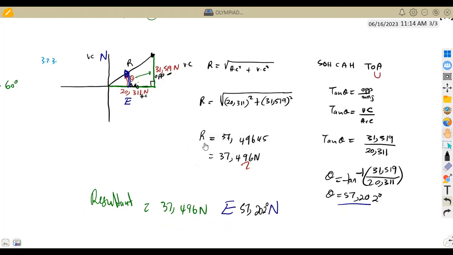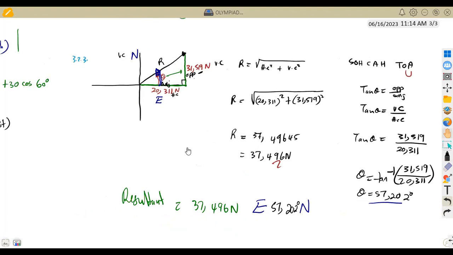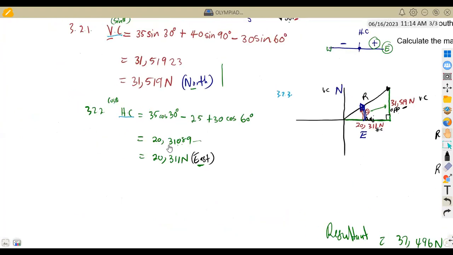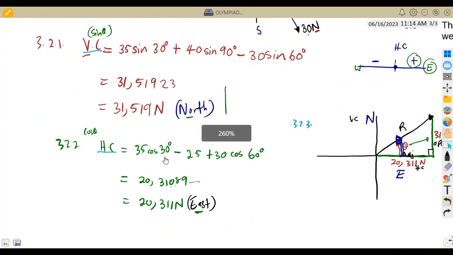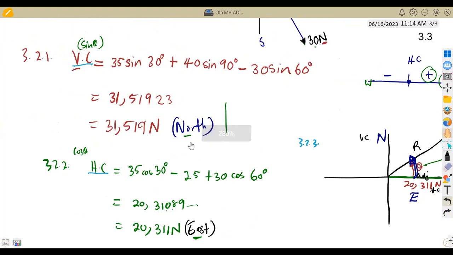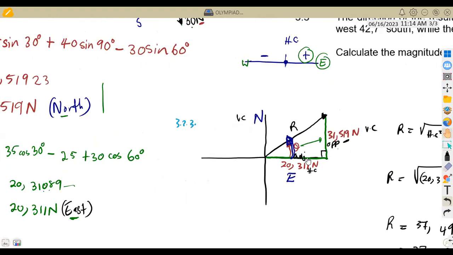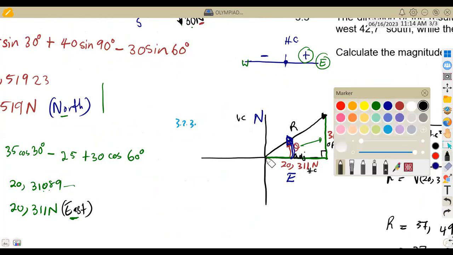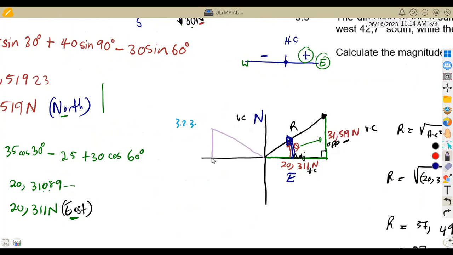This is how you calculate the resultant force, like I said, from the vertical and horizontal components that you calculated before. But take note, how are you going to present it on your diagram? Sometimes you might find your triangle on this side, or on this side, or it can be on this side like this.